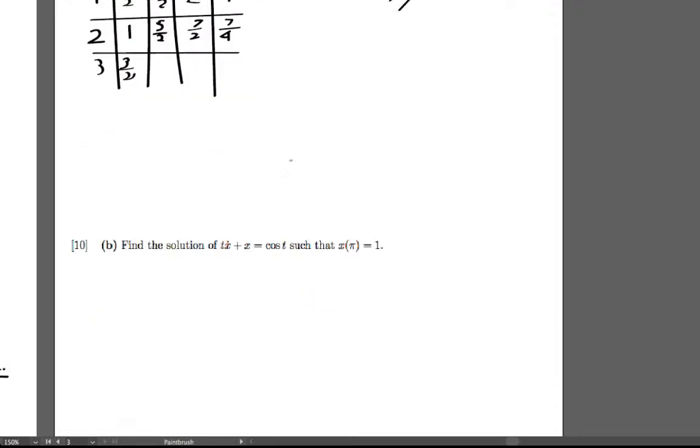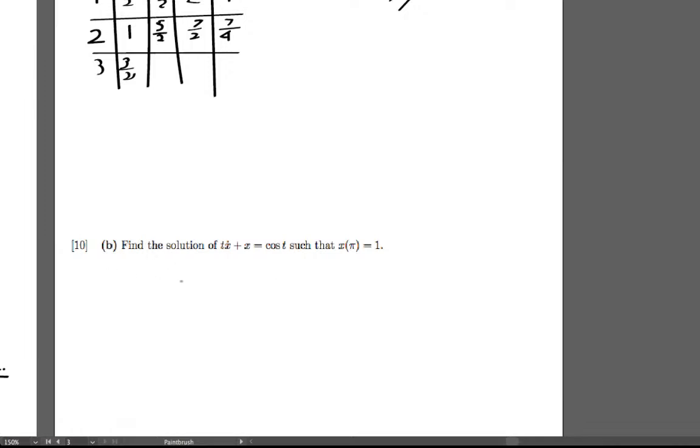Okay, good. Find the solution of t x dot plus x equals cosine t, such that x of pi is 1. So this is an ODE with an IVP, an initial value problem. So figuring this out should be pretty easy.